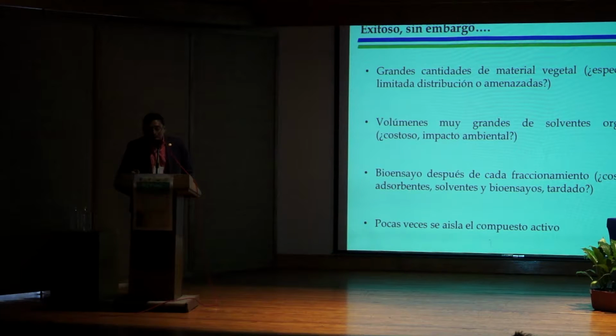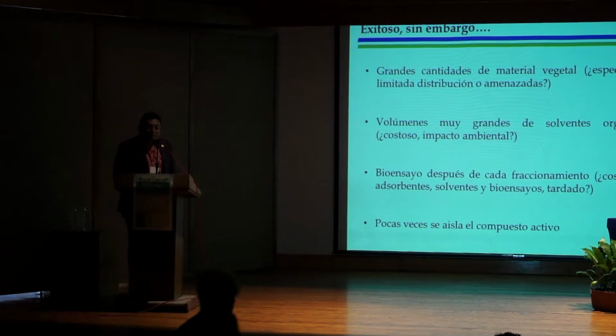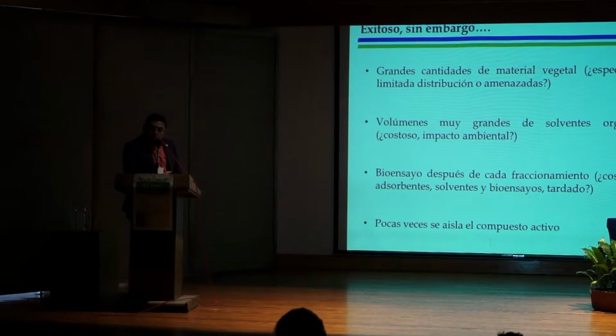Sometimes you will be allowed to collect only three specimens of the plants, for example, in some countries. So you need to find new alternatives, and it's where metabolomics and chemometrics come into play, because they can play a big role in a new way of doing this work instead of doing the bio-guided isolation.